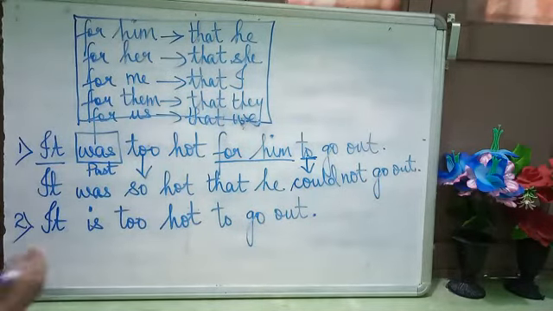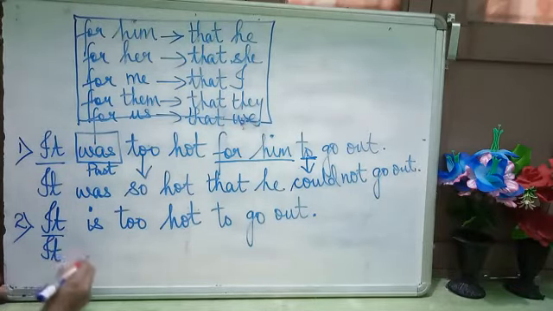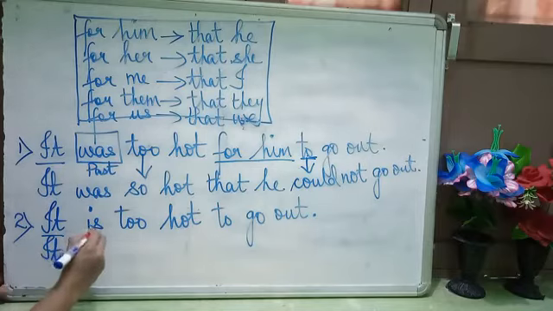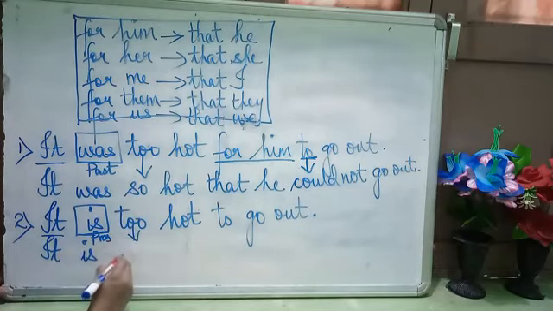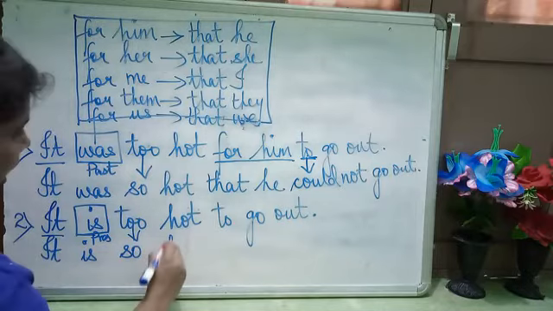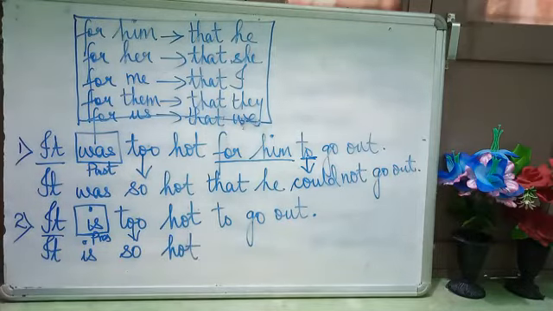Now you have to use "so that". "It" you will write, and it is in present tense, so you will write "cannot". So: it is so hot.